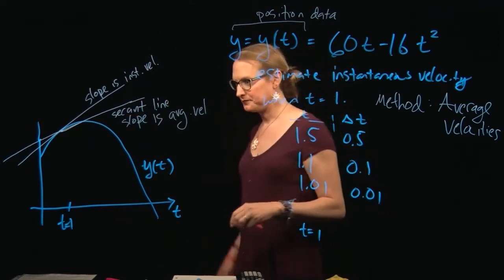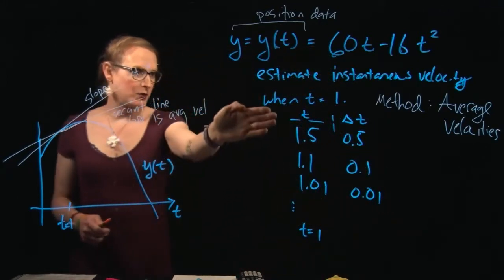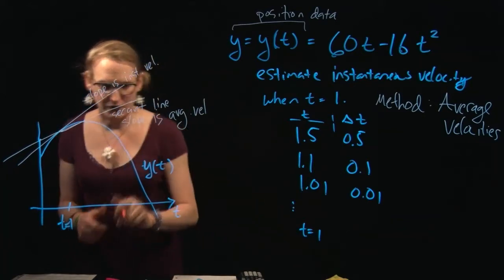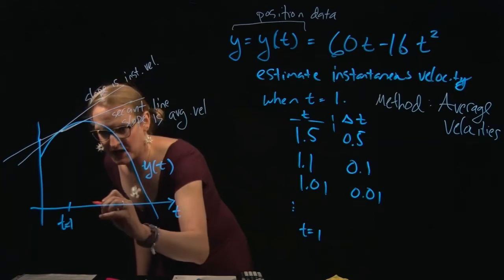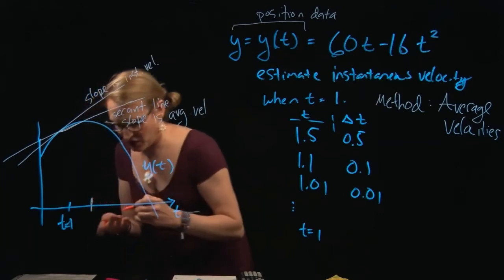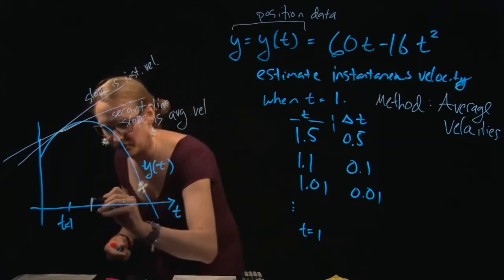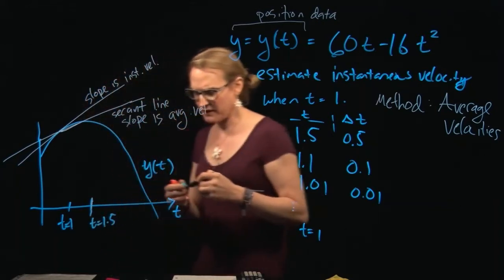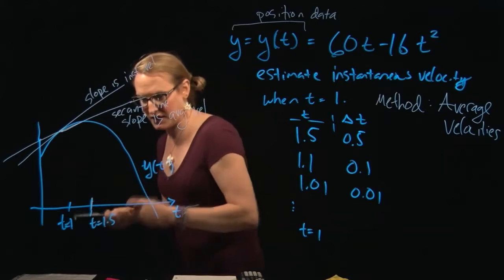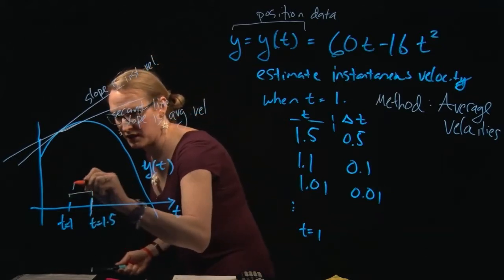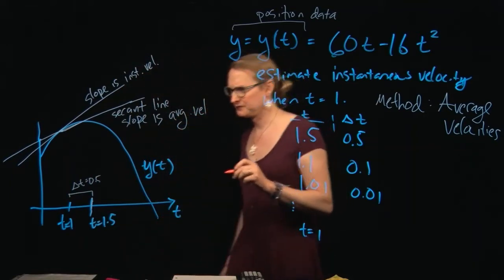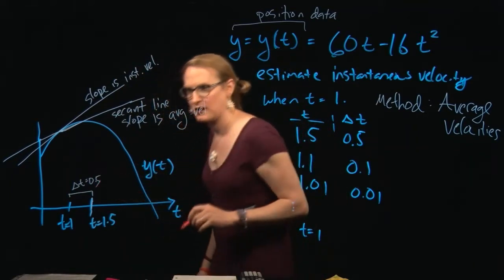Okay. So I've got a sequence of times that converges to the time we're really interested in, and those are going to live down here. So I'm going to have this time right here, say 1.5. The distance between these two, my delta t, is 0.5 for this particular one.